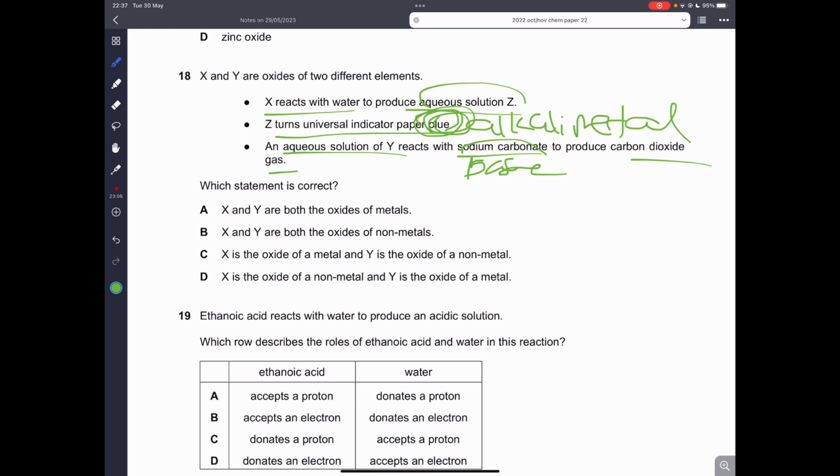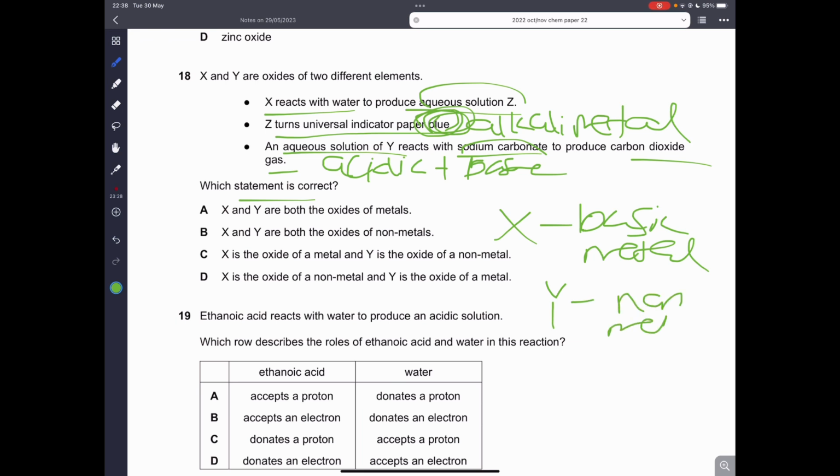This means that the aqueous solution of Y has to be acidic because it reacts with a base to produce carbon dioxide gas. Which statement is correct? Well, X, as we know, has to be basic, which is a metal oxide, and Y has to be an oxide that is a non-metal, and therefore C is the correct answer.